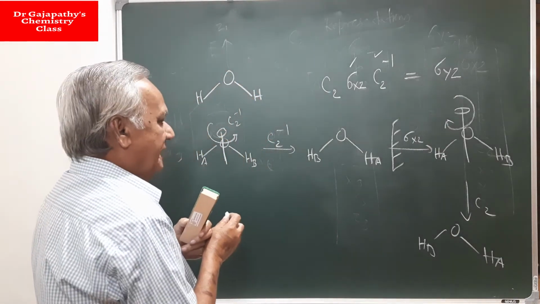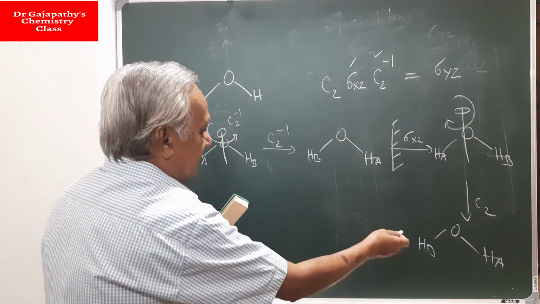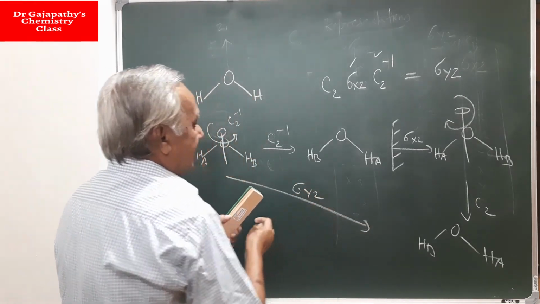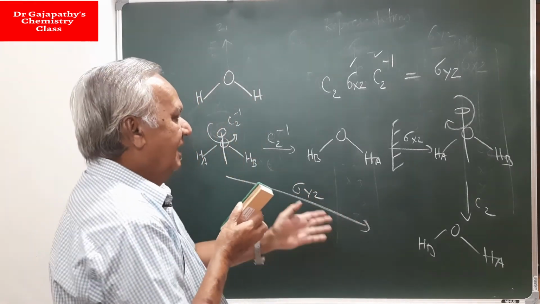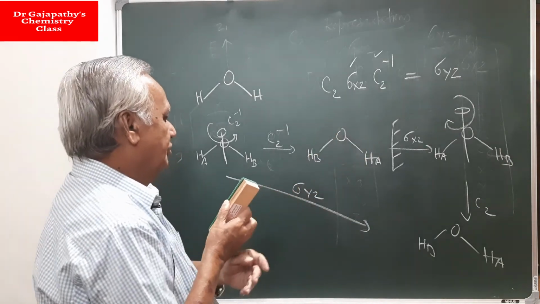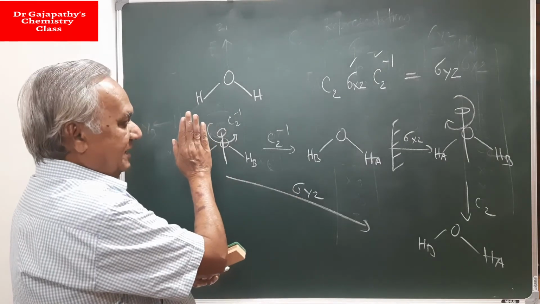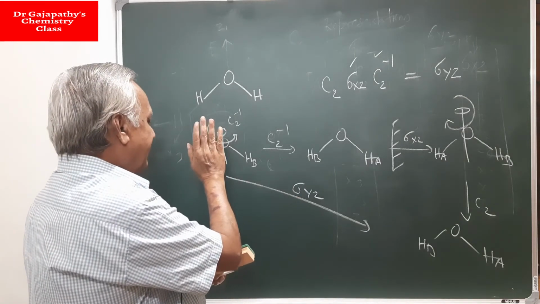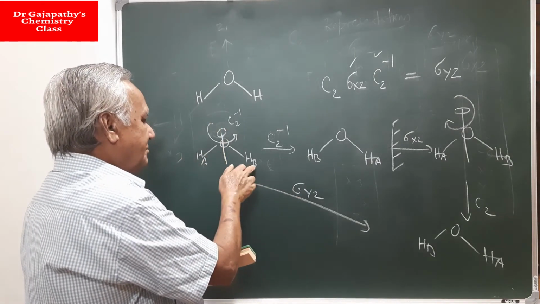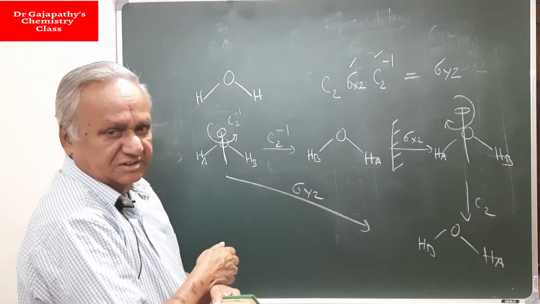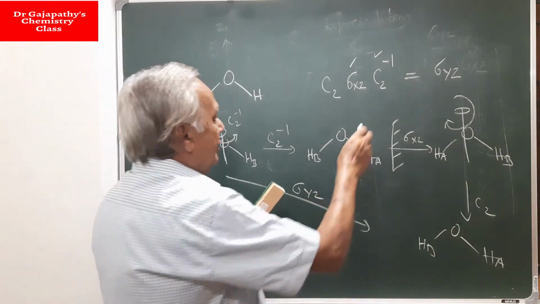Now I am going to compare whether the result is sigma yz. If I get this, then I will say xz and yz belong to the same class. Sigma yz means reflecting in this plane. If I reflect in this plane, A will remain in the same position, B will be in this position. But that is not so. It has exchanged. That means this condition is not obeyed.